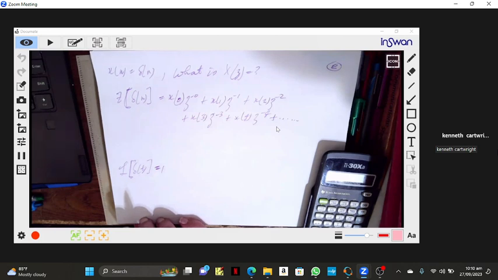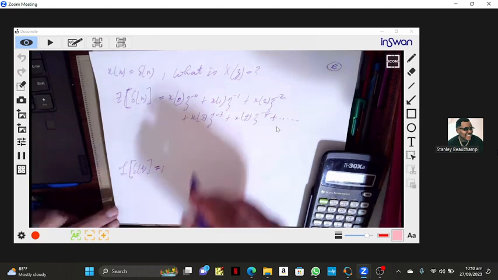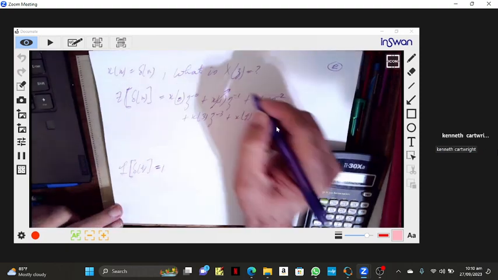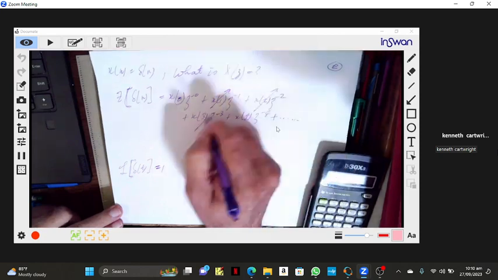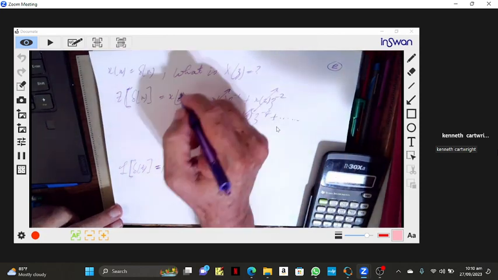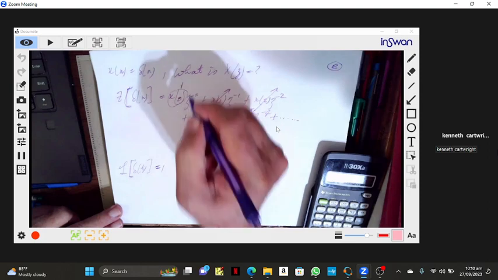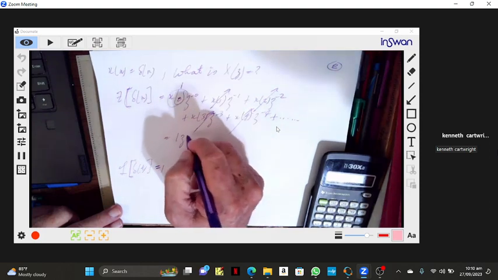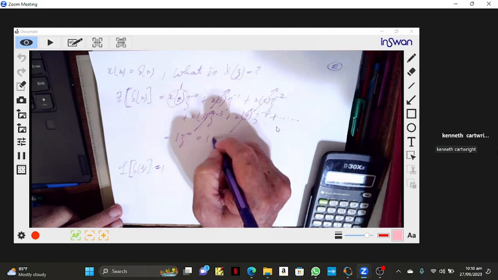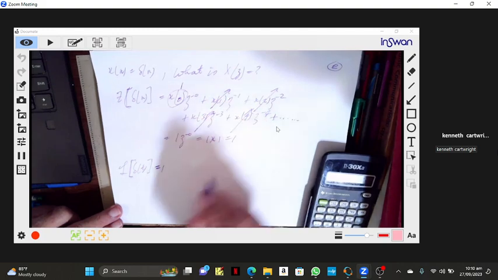What is the value of x of 1 if x of n is delta of n? All of them are 0. And x of 0 is 1. So we have 1 times z to the negative 0, which is 1 times 1, which is 1.